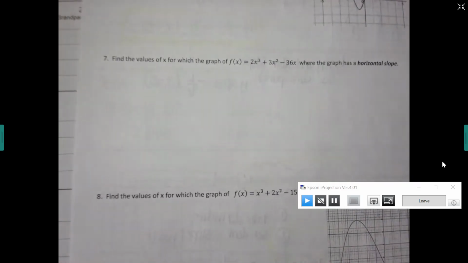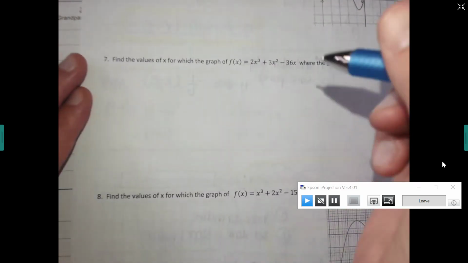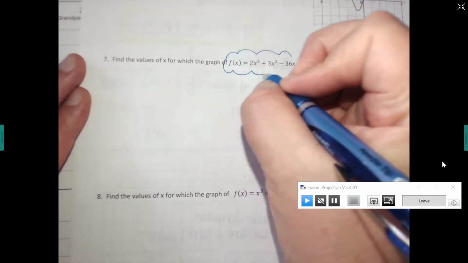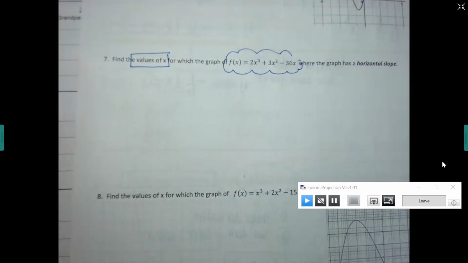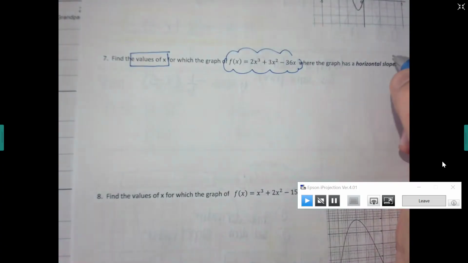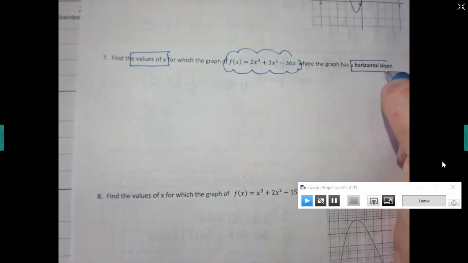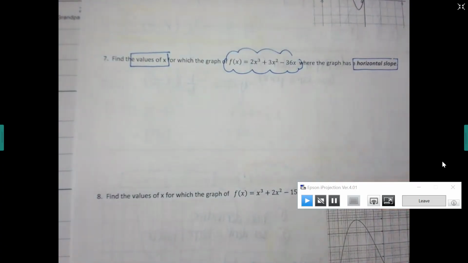Okay, this time I want to use my equation and I want to find the values of x. So notice I don't need full coordinates. I don't need an x and a y, just x is good enough. But I want the graph to have a horizontal slope. What number does horizontal slope need to be?